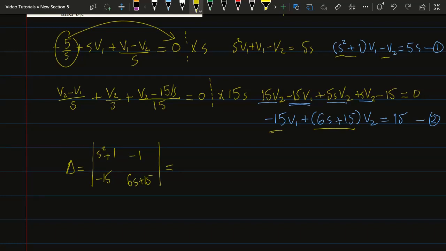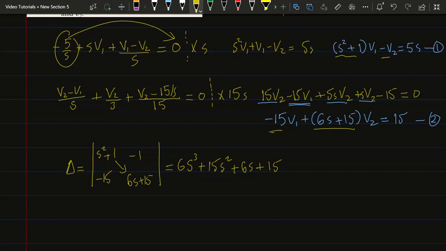And clearly if you multiply these 2 together now, I will definitely have s cube as the highest power. The factor of the s cube is 6 because it can come only from s squared times 6s, and then the factor of s square is 15, and the factor of s is 6, and then plus 15, sorry, because that's 15 times 1.